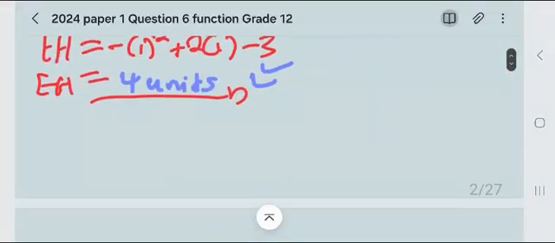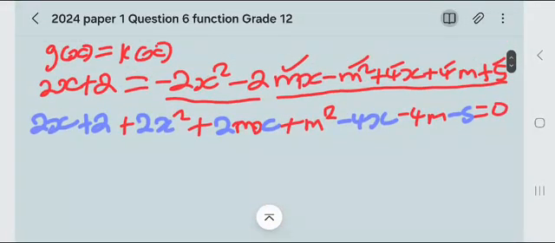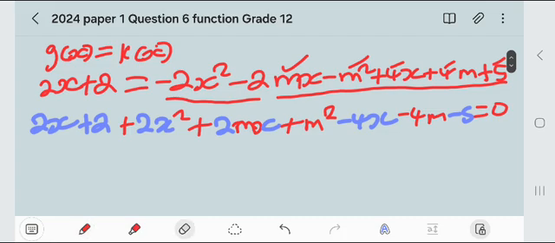Okay, this is negative 1. Yeah, that is negative 1, right? So simply that means this will be positive 1. Sorry about that. So let us try and group. I'll start by the highest degree, x squared. We have that.